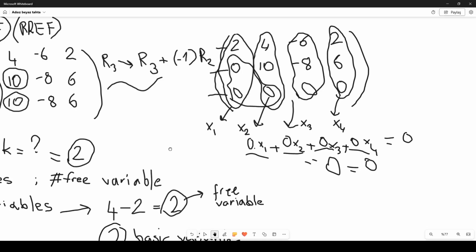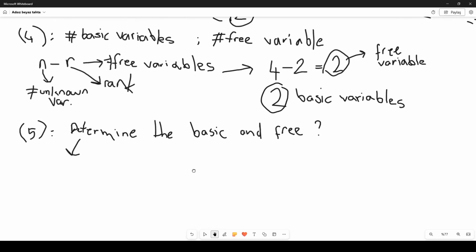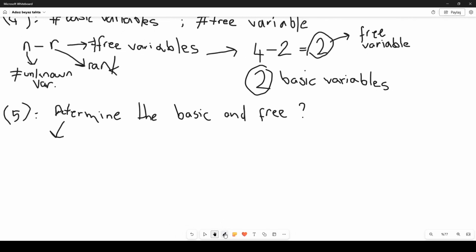So the third column and the fourth column correspond to the free variables. In other words, x1 and x2 are the basic variables. We decide which of these unknown variables are basic and which are free. x1 and x2 are basic variables. Why?